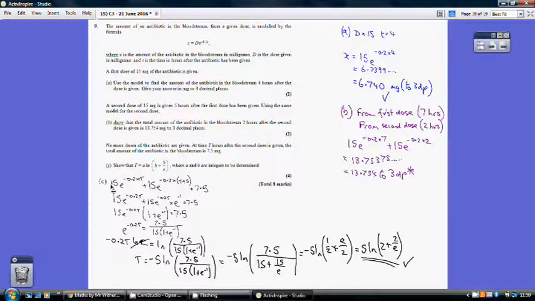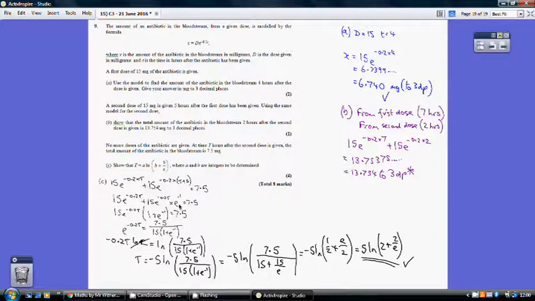So this is from the second dose, this is from the first dose, and these two together are going to give us an amount of antibiotic of 7.5. From the first dose, 5 extra hours.